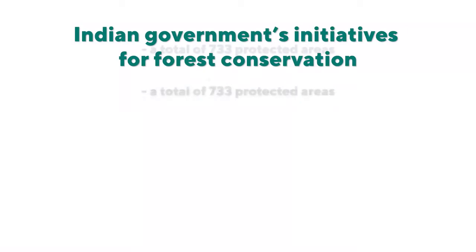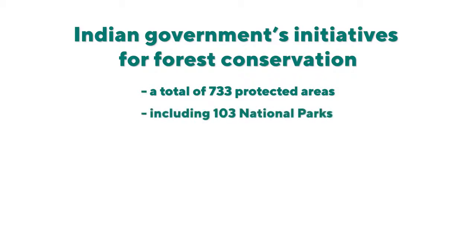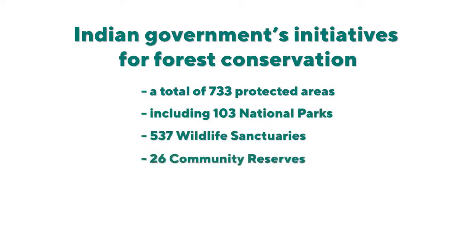1/5 of our country is covered in forests. Our government takes a lot of measures to conserve these forests that we are already blessed with. Let's look at some of the national parks and wildlife sanctuaries and reserves in our country. We have a total of 733 protected areas that include 103 national parks, 537 wildlife sanctuaries, 26 community reserves, and 67 conservation reserves.